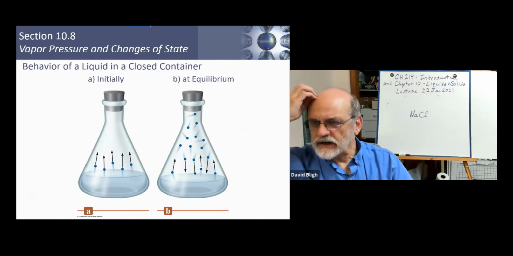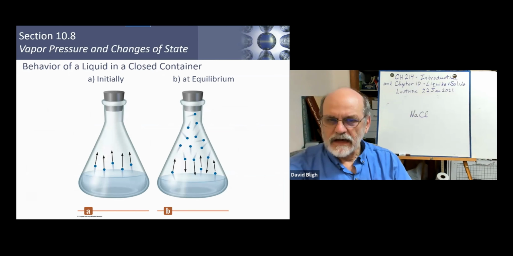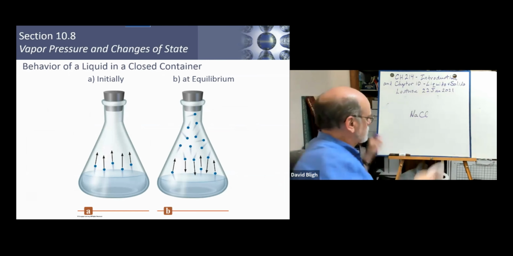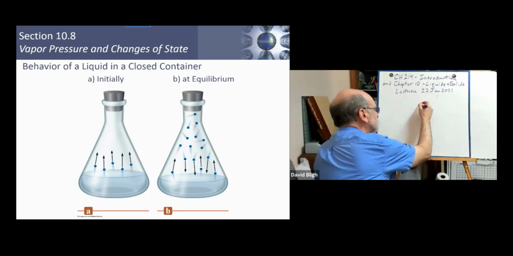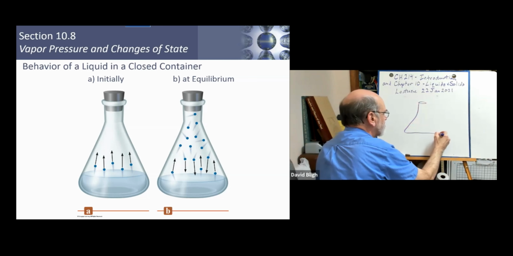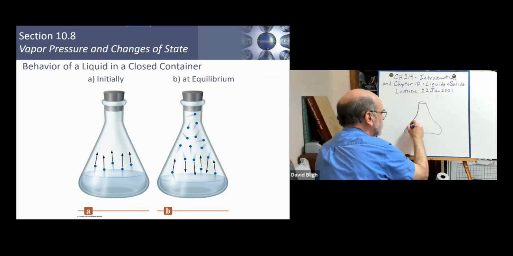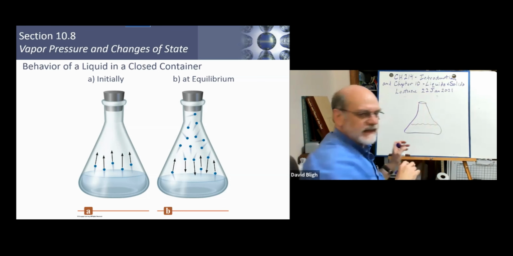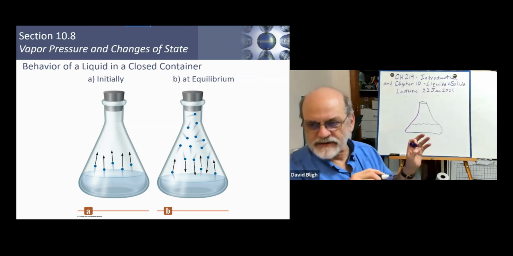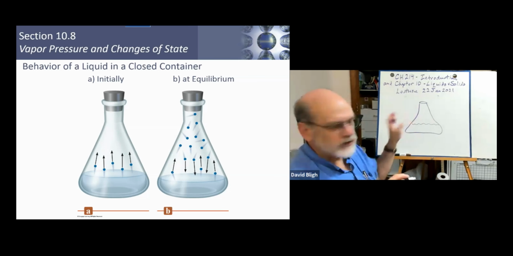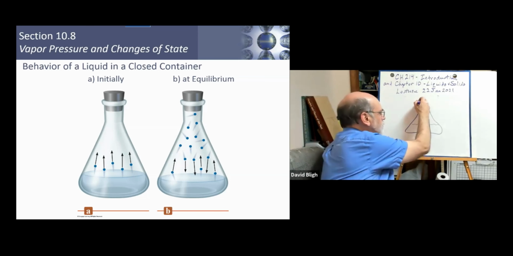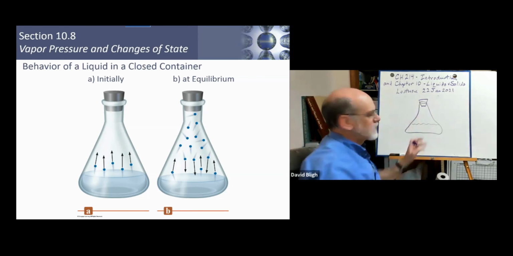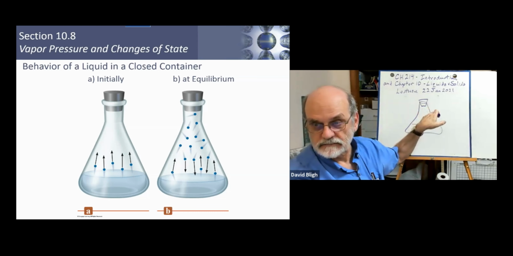So if we put a liquid in a closed container, the closed container can have a liquid in the bottom, and what happens is when you first put it in there, there are not too many of the liquid atoms in that headspace above, right?